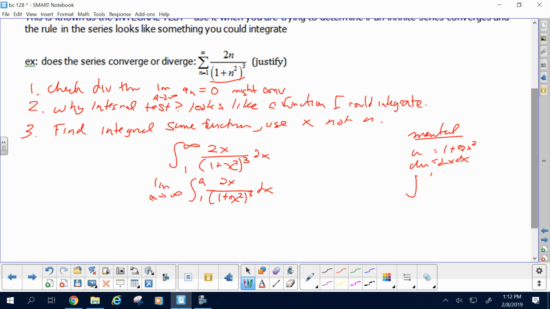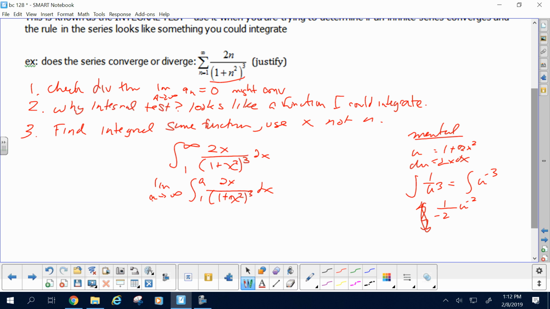What is the integral of 1 over u cubed, or u to the negative third? Negative 1/2 u to the negative second, right? Wouldn't you agree that's the antiderivative?